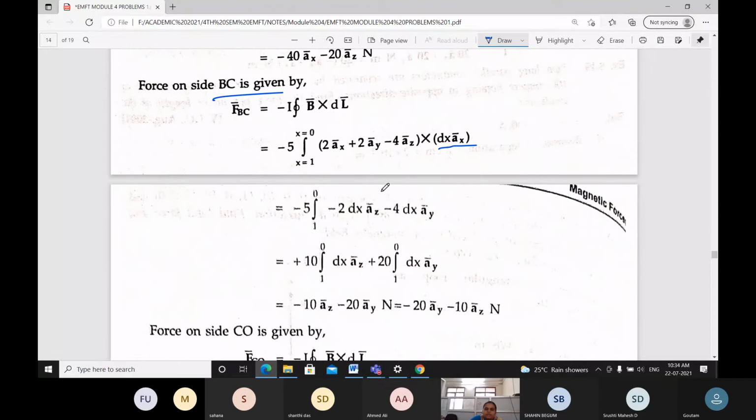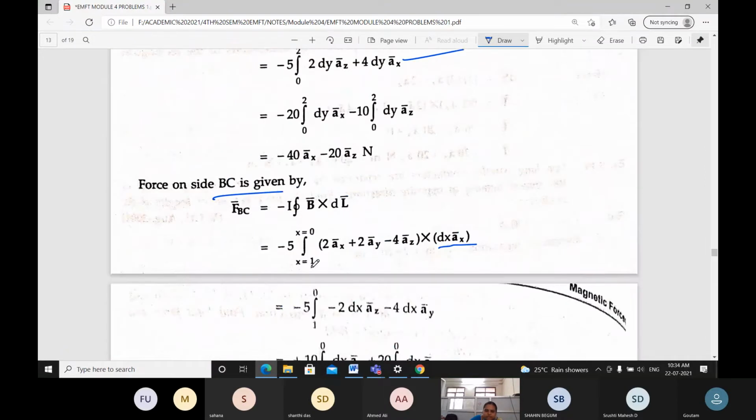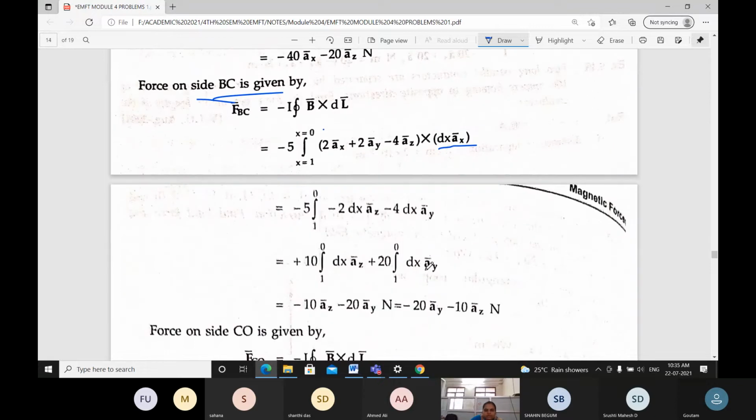Observe the limit: going in the current direction, from initial to final, initial is 1 and final is 0. For that reason the integration limit for side BC is x varying from 1 to 0. Then a simple integration, and after solving you get minus 20 ay minus 10 az newtons.